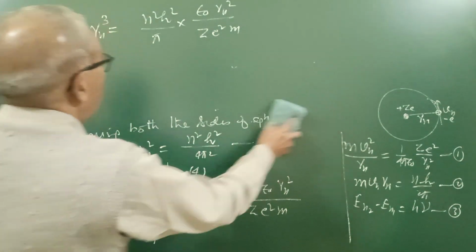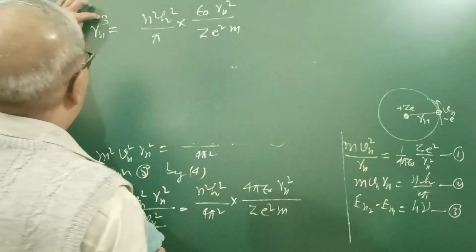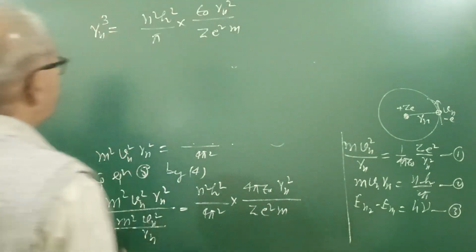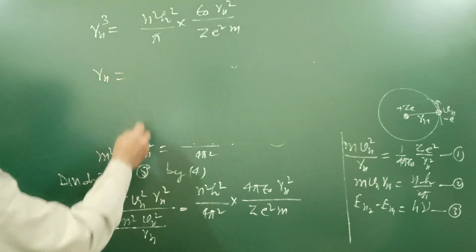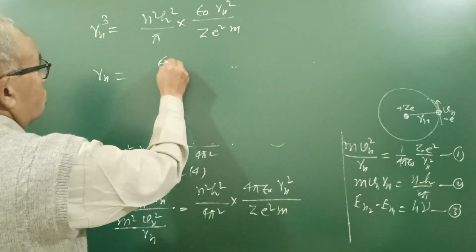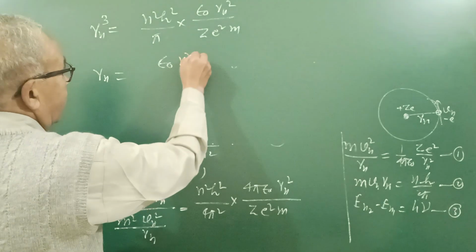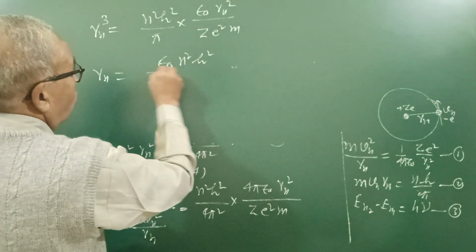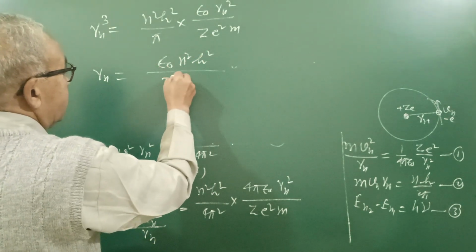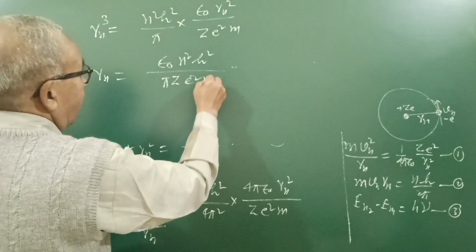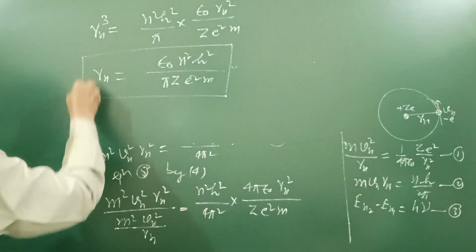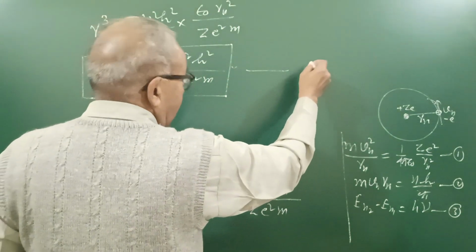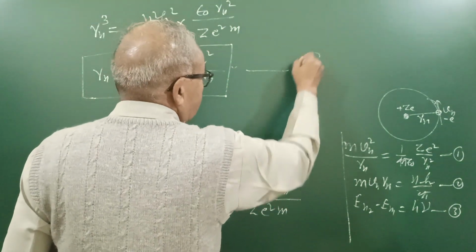And therefore, what will you get? Rn cube by Rn square, so Rn is equal to epsilon 0 n square h square upon pi Z e square m. This is the expression for the radius of the nth orbit. Let this be equation 6.